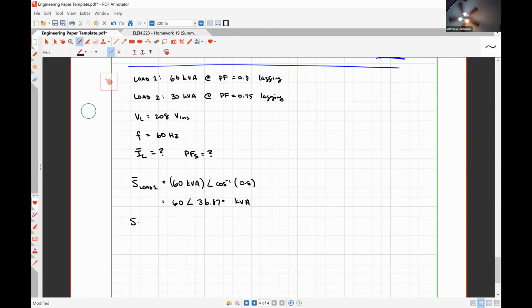Complex power absorbed by load 2: 30 kVA, angle inverse cosine of 0.75. So 30 angle 41.41 degrees.